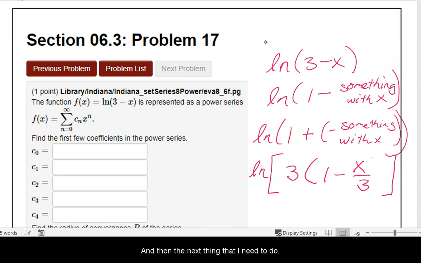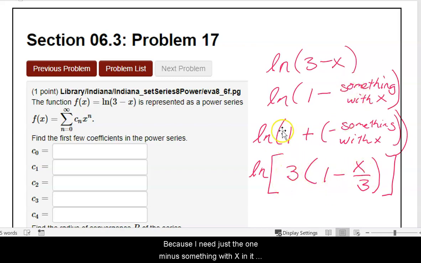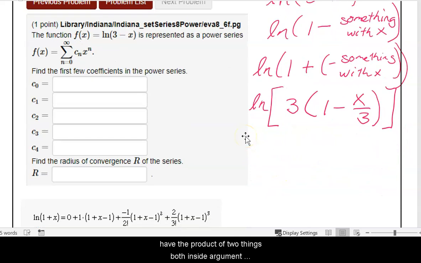And then the next thing I need to do is pull this apart, because I need just the 1 minus something with x in it, not this extra 3. But I have a log property that says if I have the product of two things both inside the argument to log, I can rewrite that as the sum of the two logs.